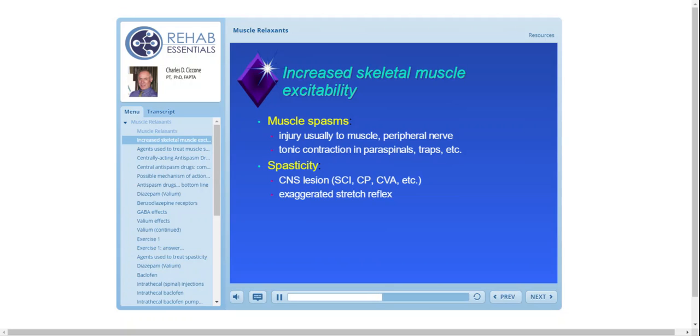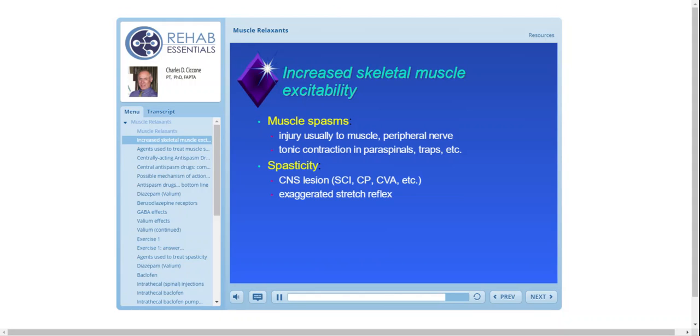This is contrasted with spasticity, where the lesion is not to the peripheral nerve, it's to the central nervous system. For things like a spinal cord injury, or cerebral palsy, or a cerebrovascular accident, or multiple sclerosis. And it's a very complicated phenomenon, but we can summarize spasticity often by focusing on an exaggerated or hyperactive stretch reflex, where supraspinal control of the stretch reflex has been interrupted or damaged in some way, so that we see this velocity-dependent increase in muscle tension.